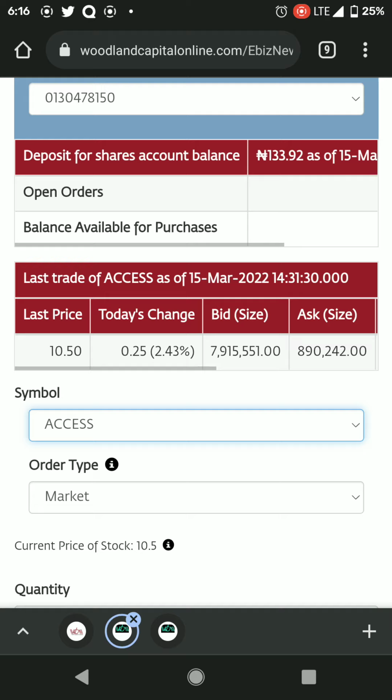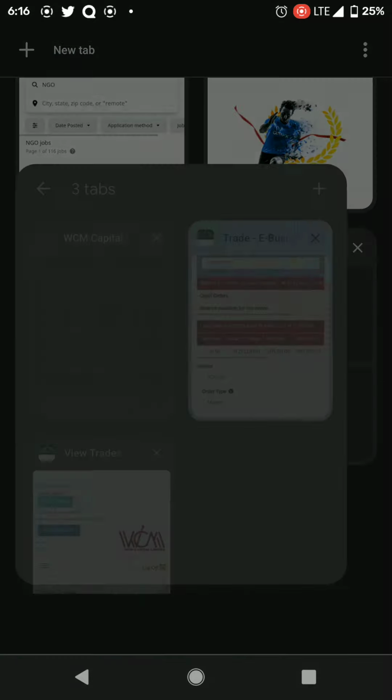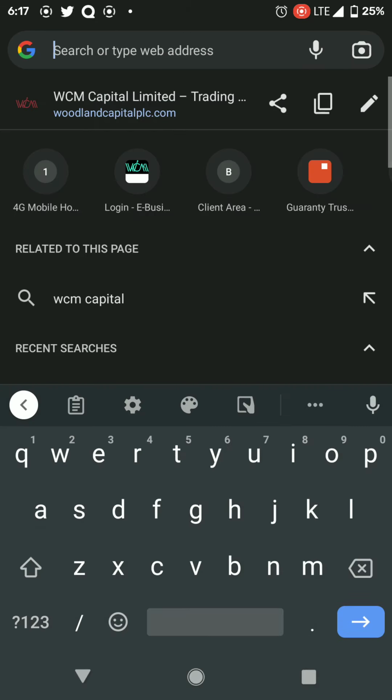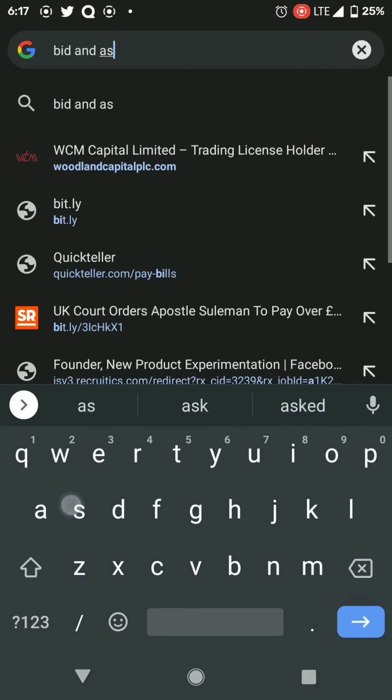Sorry, I'm not a stockbroker, but I think the bid is talking about the sell side. The ask is the buy side. Excuse me, I'm trying to look that up quite a bit. Bid and ask.